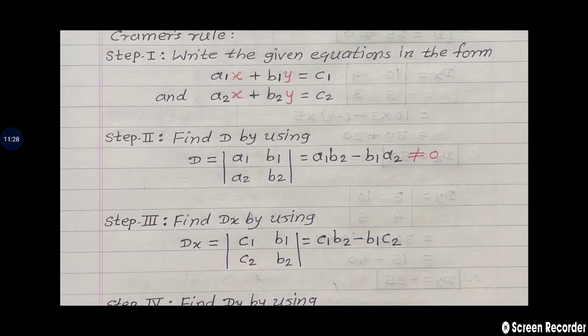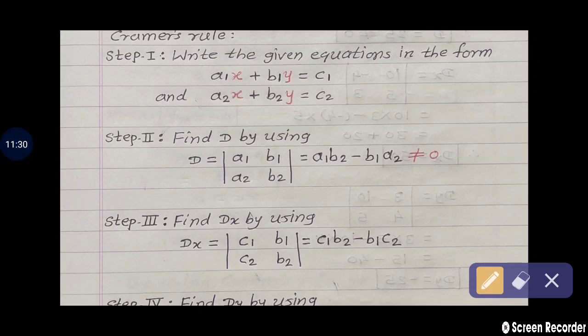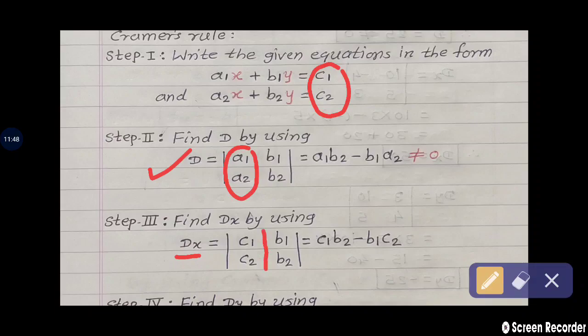In the first 3 steps, you know how to find the value of D. Now how to find the value of dx? The coefficients of x, that is a1 and a2, are replaced by the constant terms c1 and c2. Check here: c1 and c2 we write in place of a1 and a2 because we are finding the value of dx. And b1, b2, the coefficients of y, remain as they are.